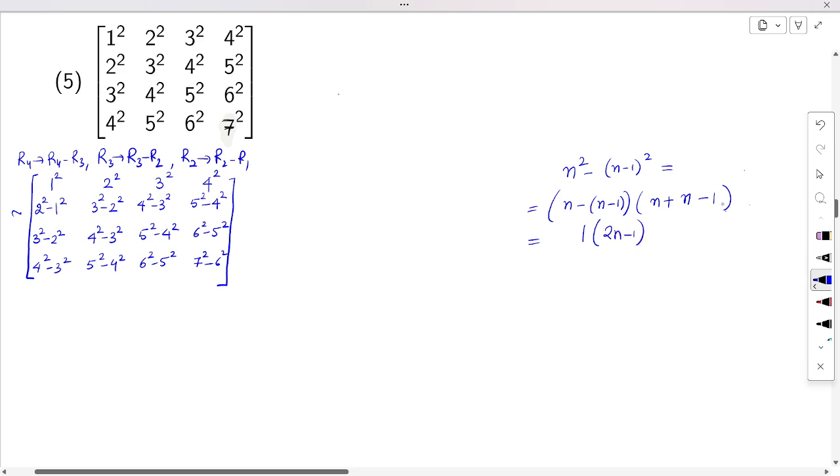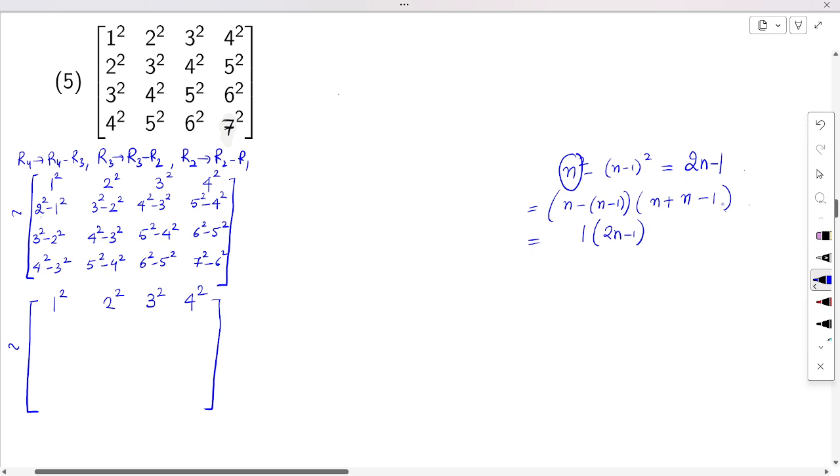So every entry is just equal to 2n minus 1. So after simplifying each entry, we get 2n minus 1.